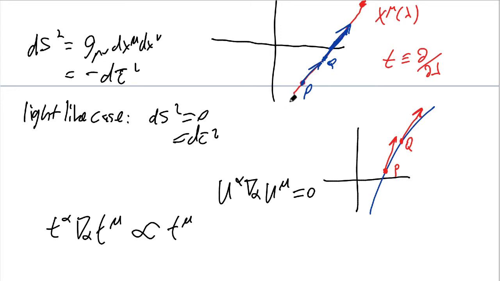So a null geodesic, or the path of a light ray, is one that satisfies this condition, where the components of T are just the derivatives of x with respect to lambda.